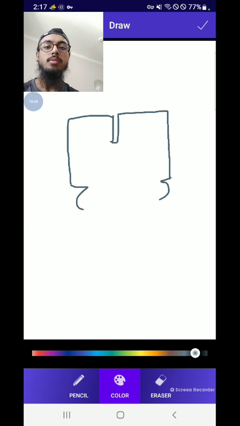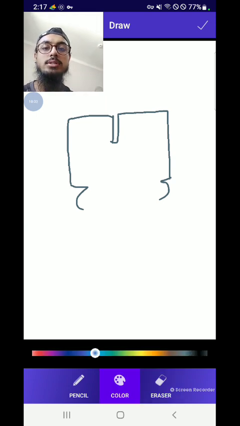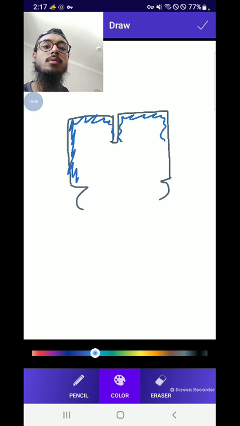Now my concern is this area. We must know the blood supply of this area. What is the blood supply of this area?